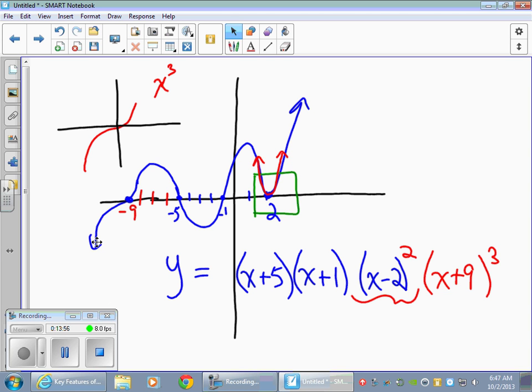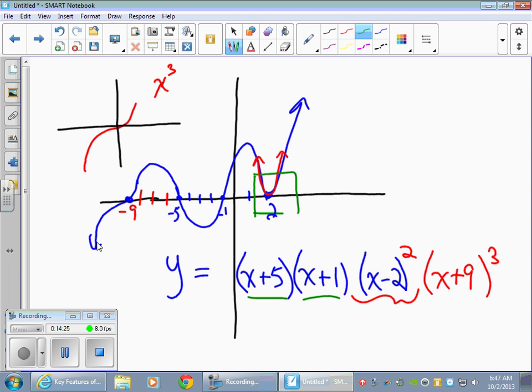But the basic idea is whenever you see a factor, you're going to hit that 0 on the graph. If it happens to be a linear 0, meaning there's just an exponent of 1 on those, or you don't write 1 in, the graph will go straight through, like a straight line would.